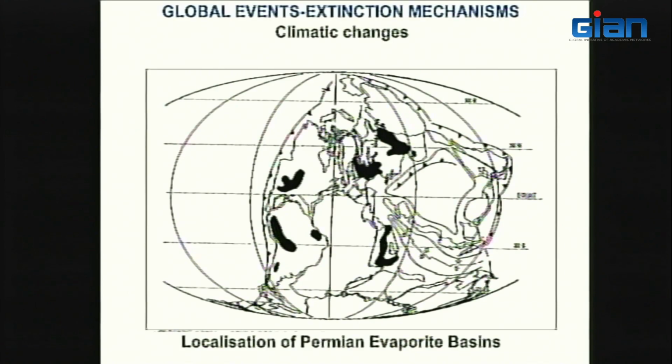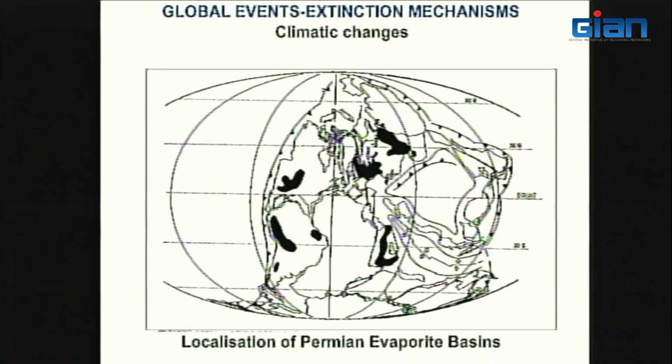Remember at the beginning, I was explaining that in, let's say, the upper part of the Permian, but not close to the extinction, we have a first extinction where the echinoderms were suffering a lot. And I told you that the echinoderms were very sensitive to changes in salinity.